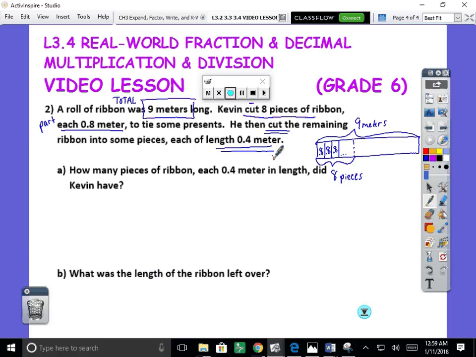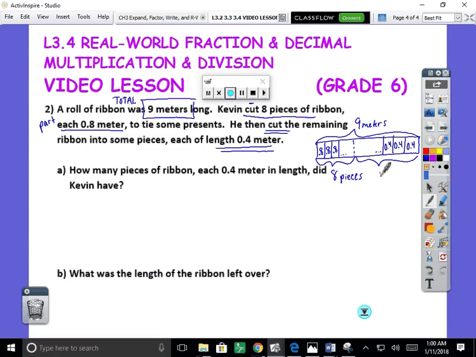Notice I'm using a coding strategy. I used one line to show that these pieces connected, and I used 2 underlines to show that these kind of go together. So next, when I'm done here, I'm going to kind of start karate chopping. Maybe I'll start on the other end just to kind of separate things. 4/10, 4/10, 4/10, and I keep doing that until I use up all of the ribbon.